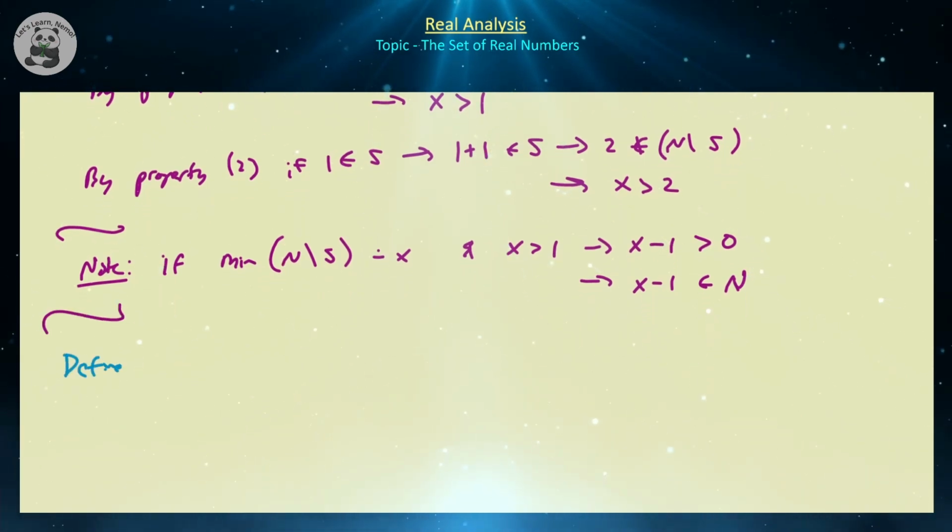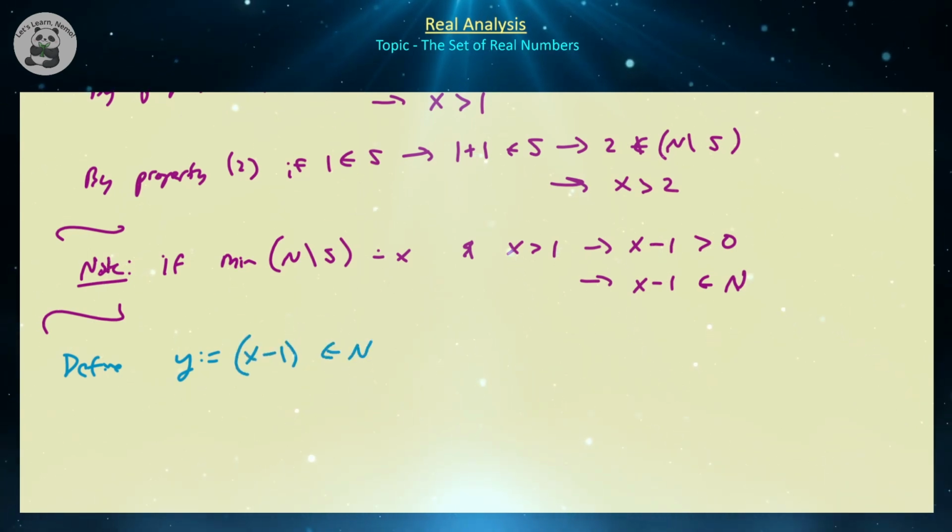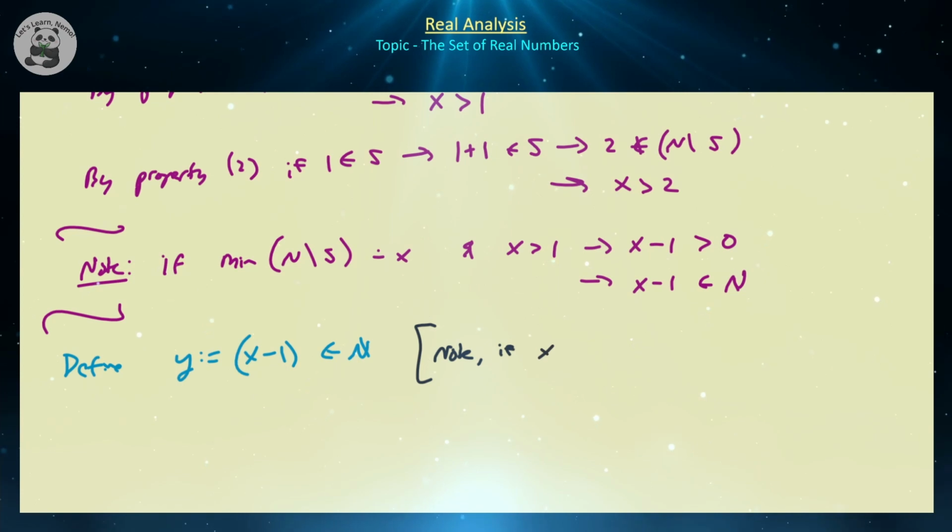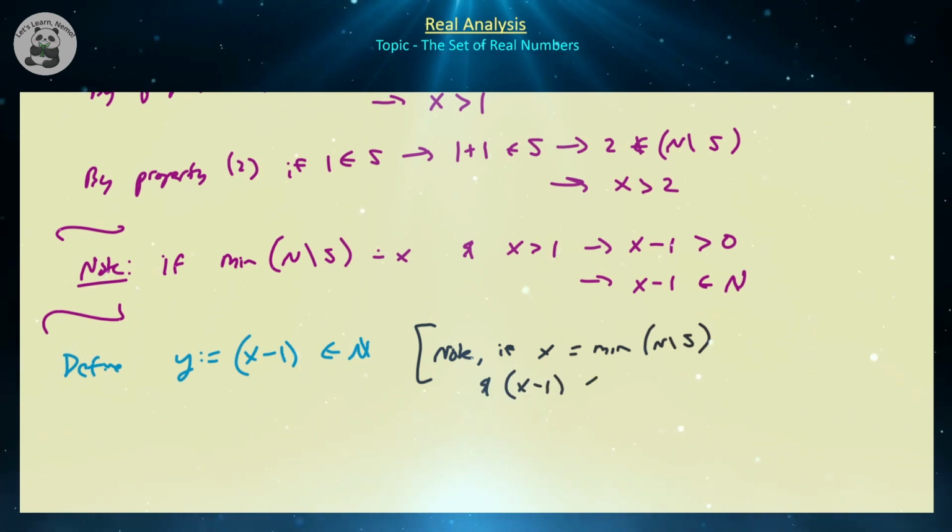Let us define y to be equal to x minus 1, which we have already established belongs to the set of natural numbers. Again, note that if x is the minimum of N take away S, and x minus 1 obviously is less than x, then that would imply also that y is an element of S as well, right?